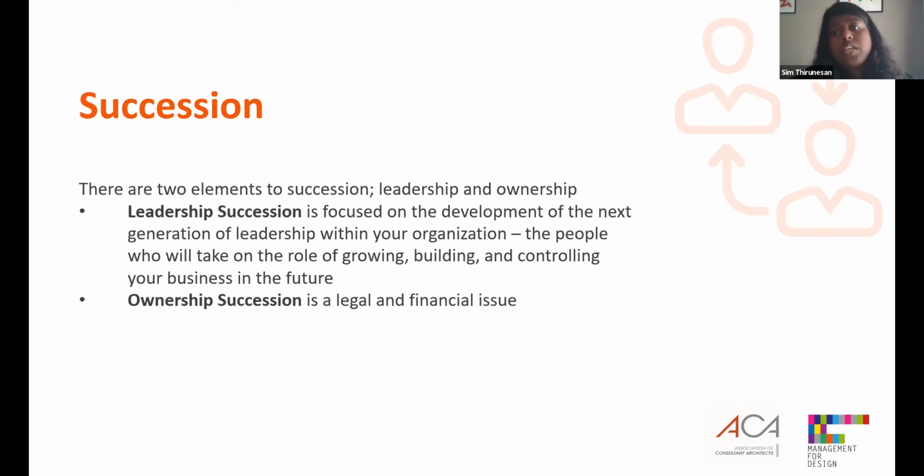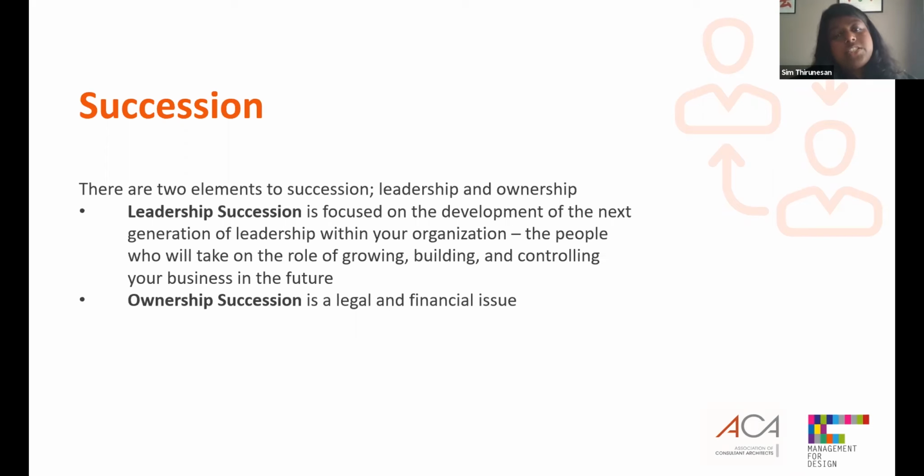Investing in giving your key people exposure to your business with clear expectations and responsibility can give you an edge over other practices in your space. Whereas ownership succession is a legal, financial, and accounting issue. Ownership and leadership succession are intrinsically linked but present different challenges.